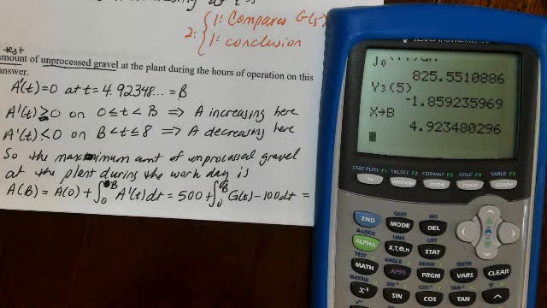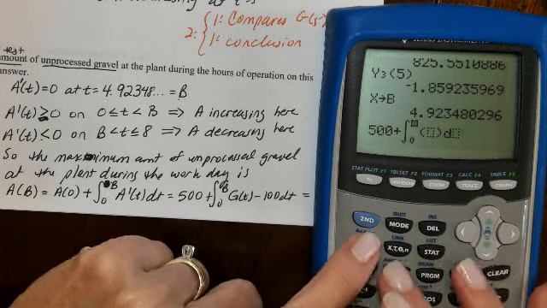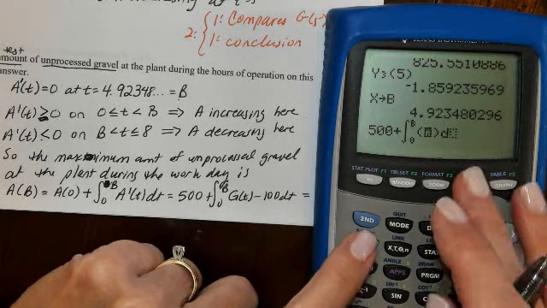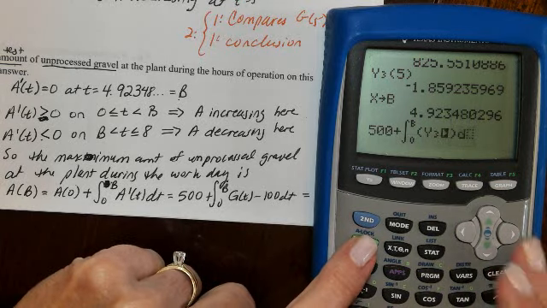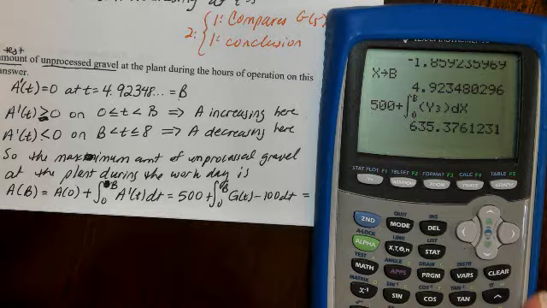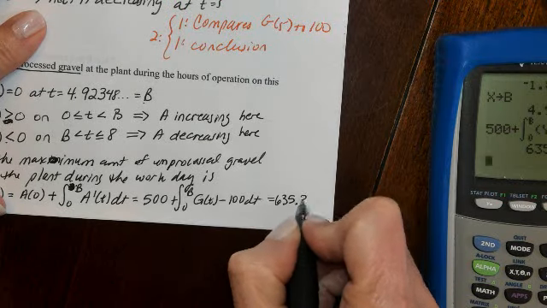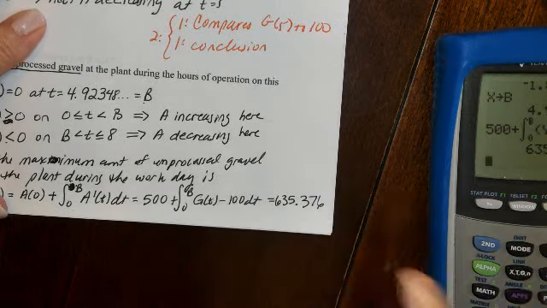Okay. 500 plus math 9, 0 to B, that's my Y3. And that is the maximum amount, 635.376.